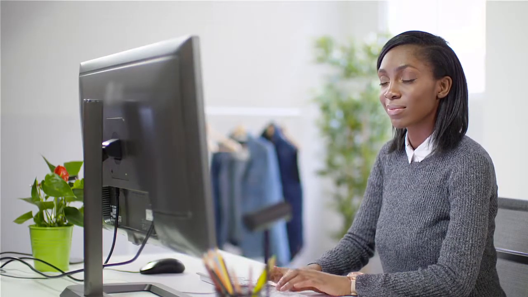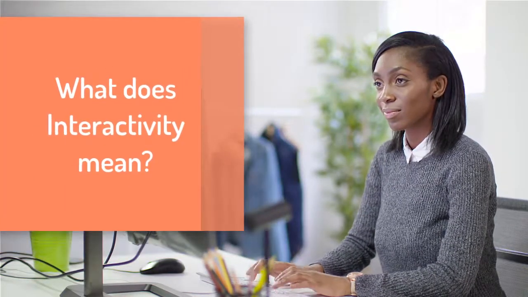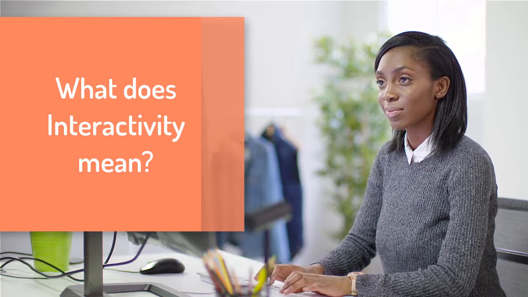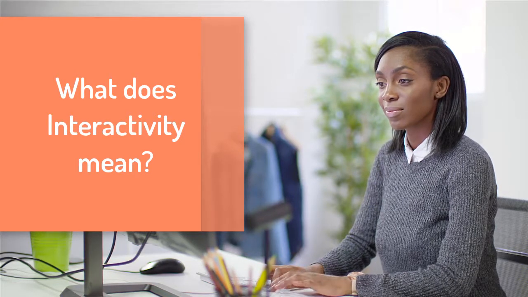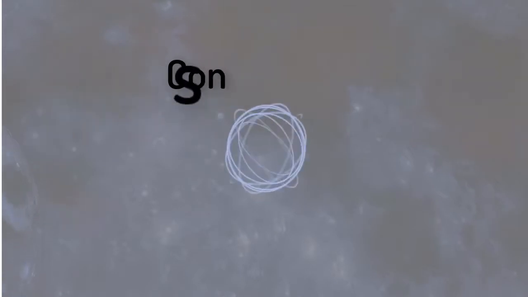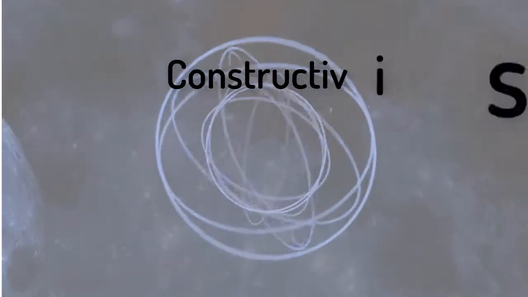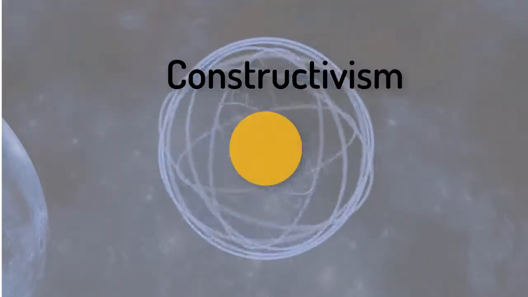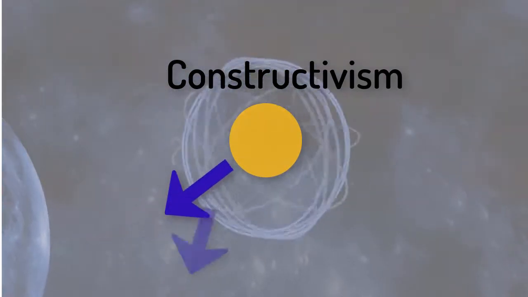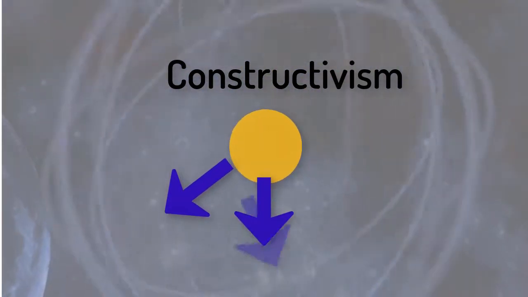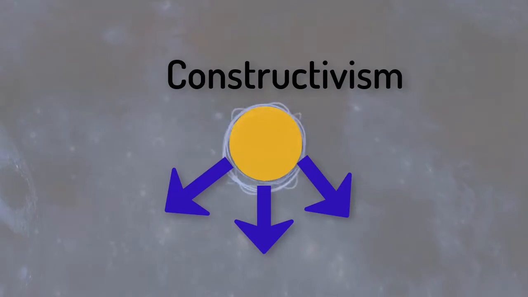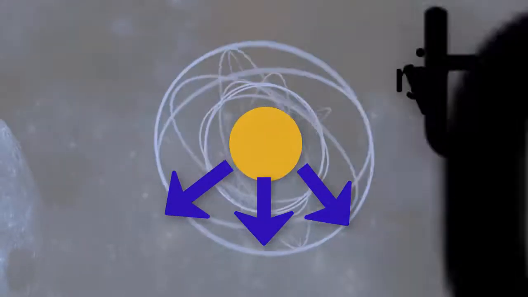To understand the answers to these pertinent questions, let's first look at what interactivity means in the context of e-learning. The concept of interactivity comes from the learning theory called constructivism, which puts the learner at the center of knowledge construction in a learning environment. And in a learner-centered environment, it is through these interactions a learner constructs their knowledge.